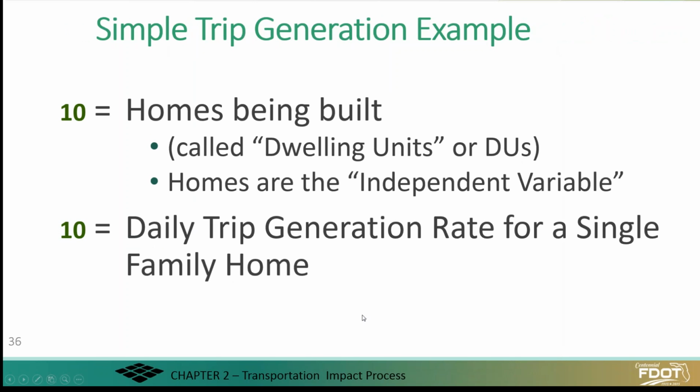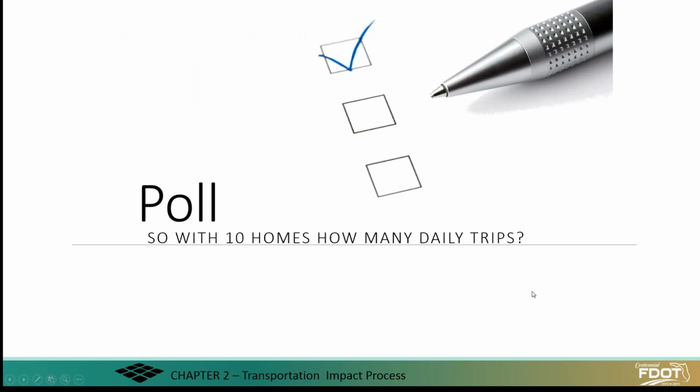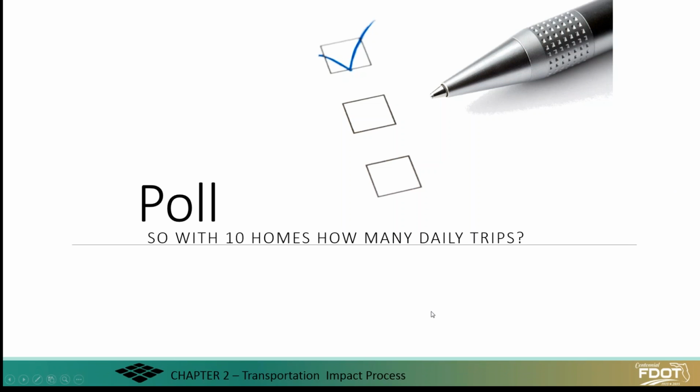So how do we determine the impact or trip generation? Let's do this poll and see if we all agree on one answer. We have 10 homes being built and 10 trips generated from each single family home.